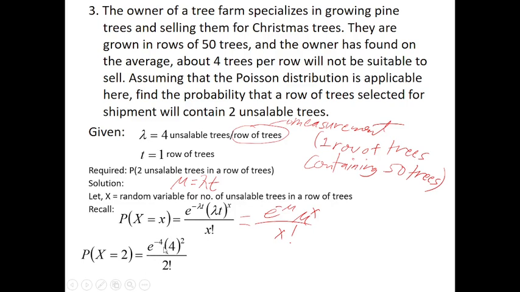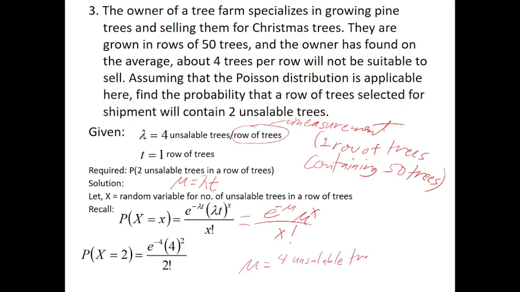Okay? So ano yung lambda t? 4. Kasi 4 unsaleable trees multiplied by 1 row of trees ay 4. Diba? Kasi t is 1 row. Diba?